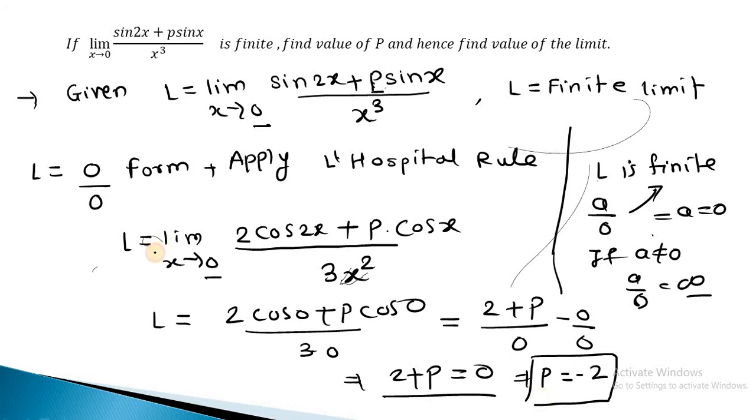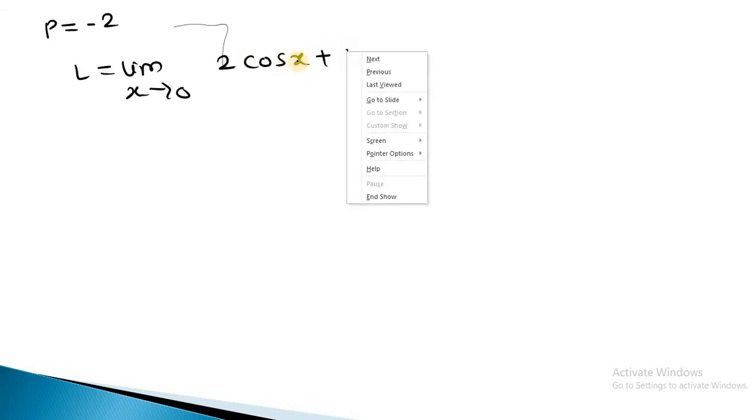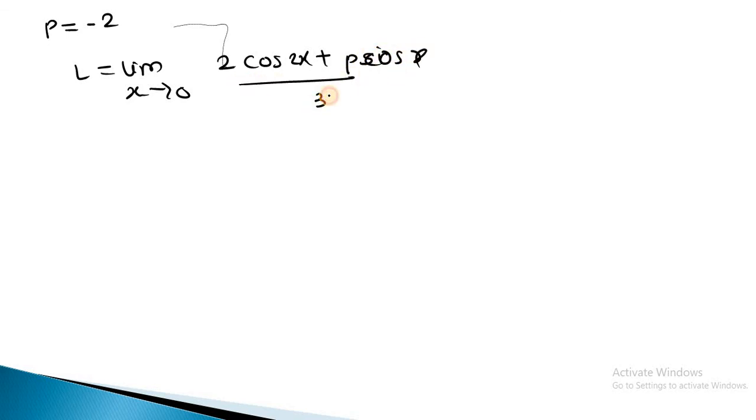Now I substitute this value of p in equation 1 and find the value of the actual limit L. So p is equal to minus 2, and L is the limit as x tends to 0 of (2 cos 2x plus p cos x) upon 3x square.